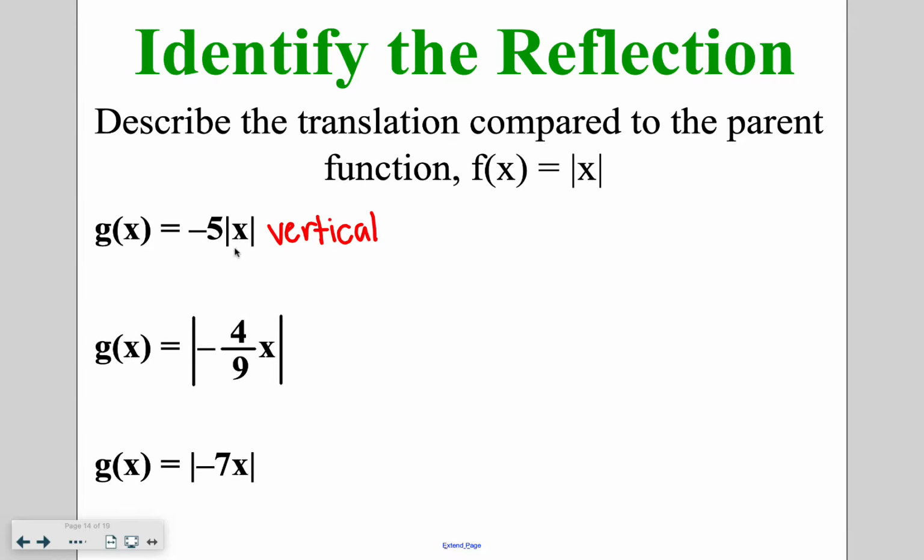So we have a vertical, it's bigger than 1, so I've got a vertical stretch, and we have a reflection because of the negative, and because that negative is outside of those absolute value bars, it's over the x-axis.